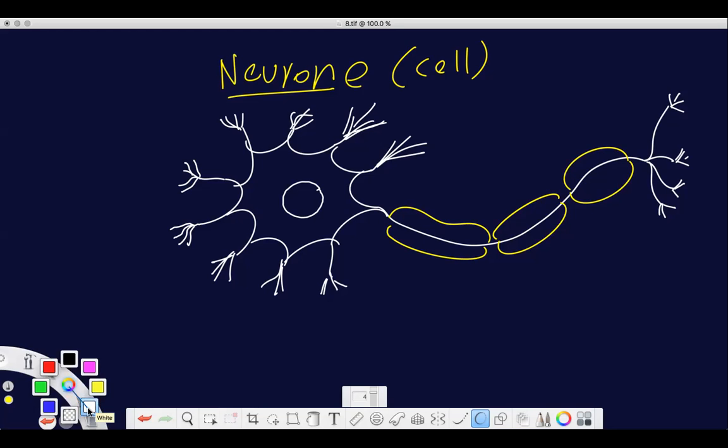Okay, we use a special name for this long tail. We call it the axon. So if we look at a cross section like this, to see how it is actually attached, this is the axon, and around the axon, this cell is wrapped like this.